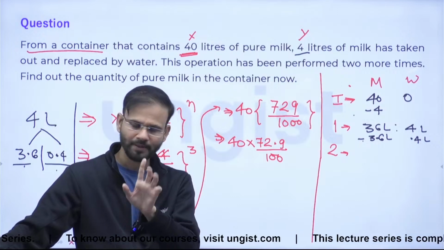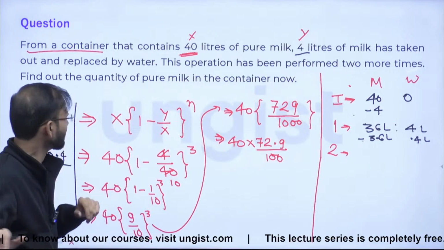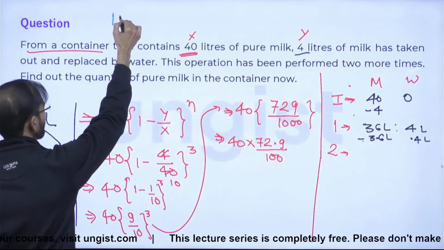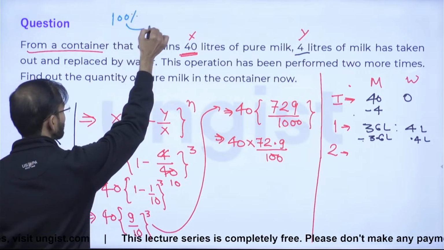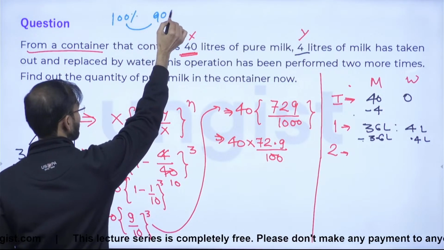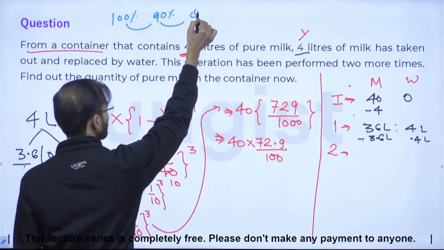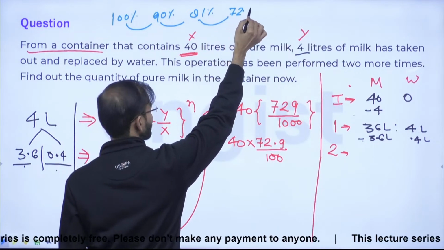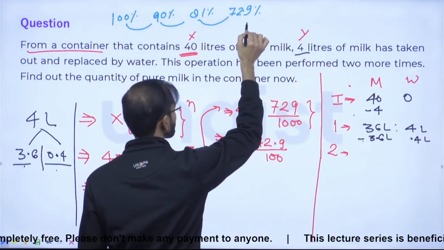Everybody, it is clear? Now friends, you just tell me, after 3 such decrements, if initial value is 100%, then after the first decrement it will become 90%, then 81%, then 72.9%. Guys, yesterday we have discussed this, yes or no?